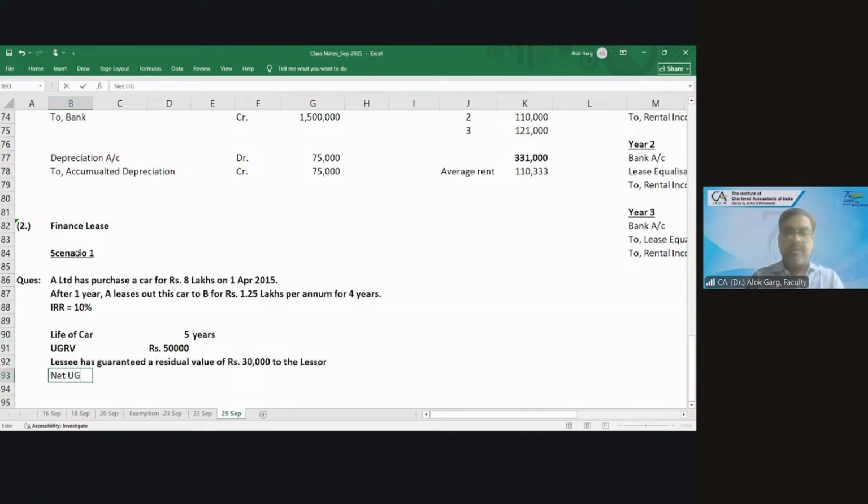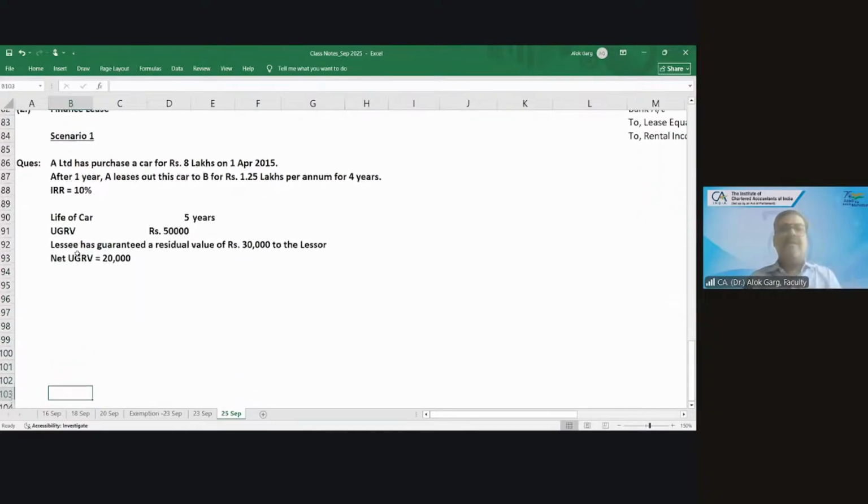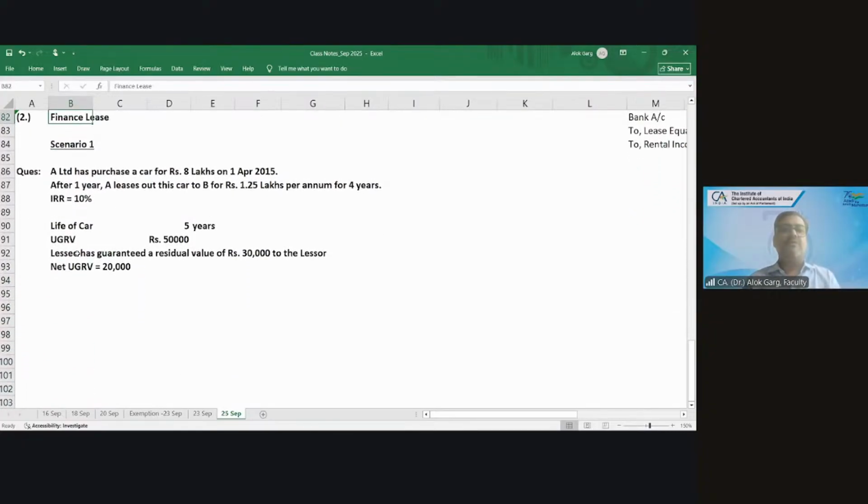Net unguaranteed residual value is equal to 20,000 rupees.